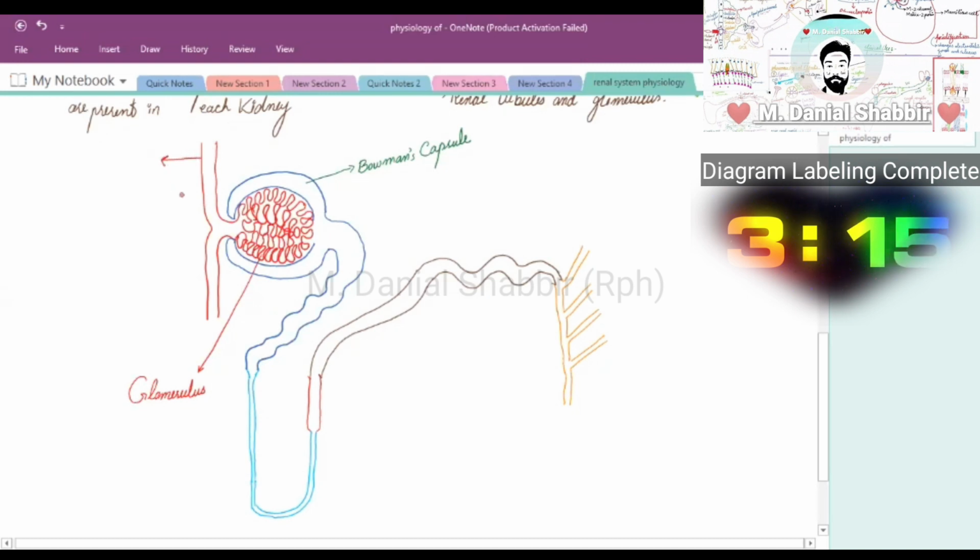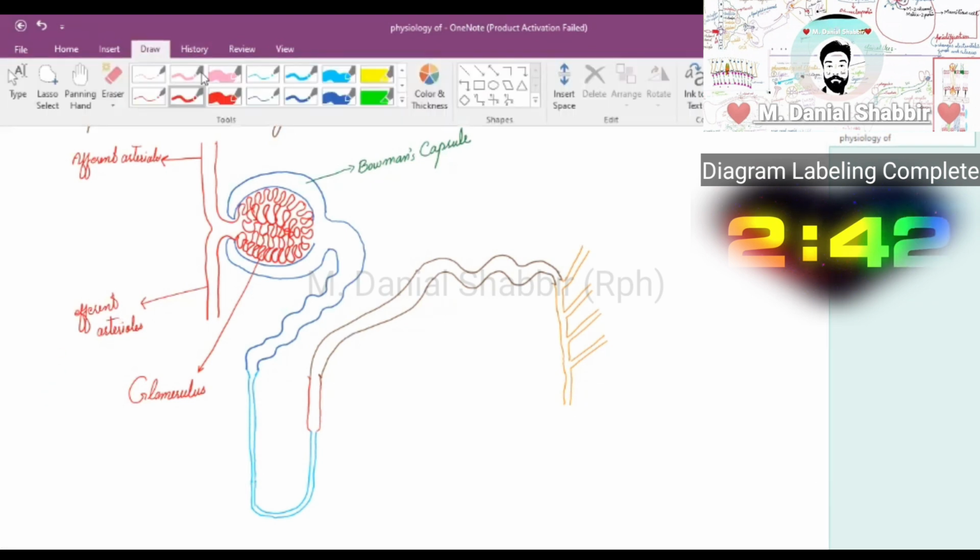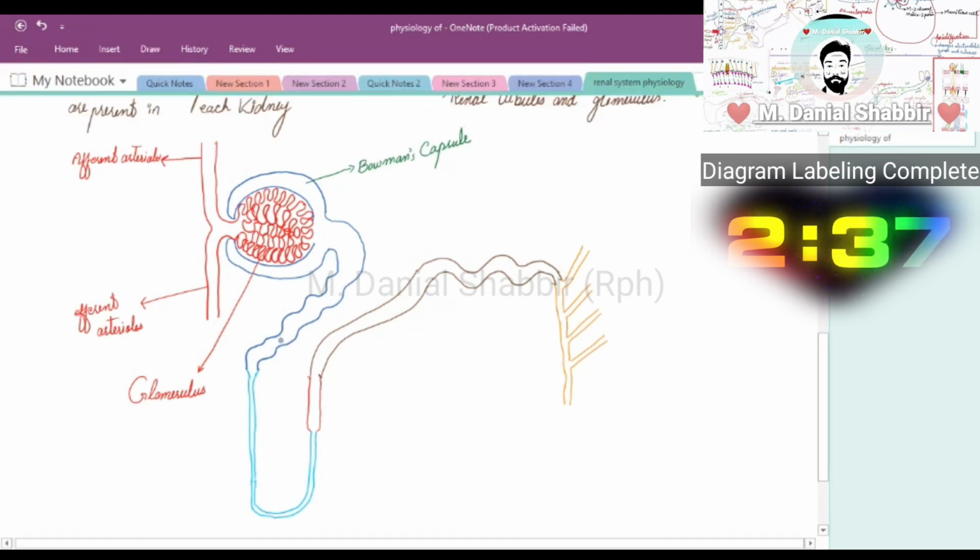The arteries that enter the Bowman's capsule, these upper ones, are afferent arterioles. And those arteries leaving the Bowman's capsule are efferent arterioles, right? Okay.